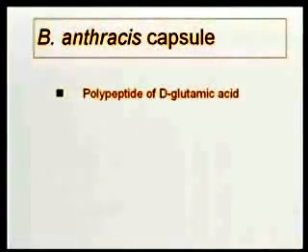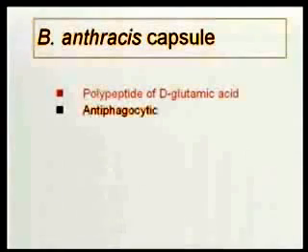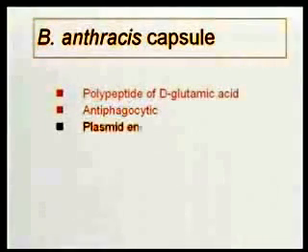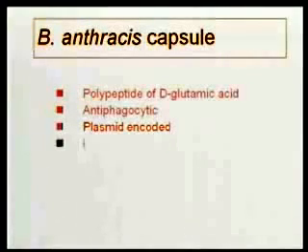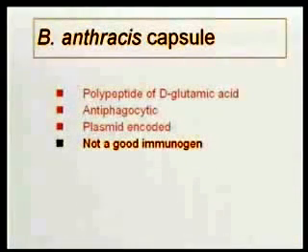The capsule is polyglutamic acid. It is antiphagocytic, resists phagocytosis, and is plasmid encoded, and therefore the normal non-pathogenic forms of Bacillus anthracis are not virulent.